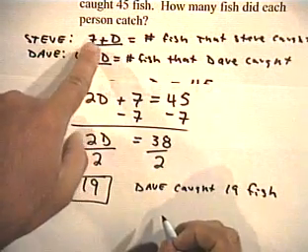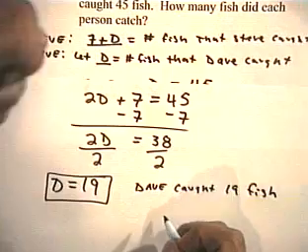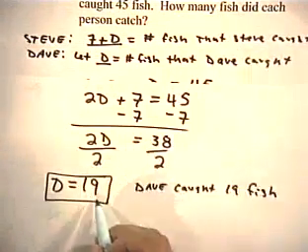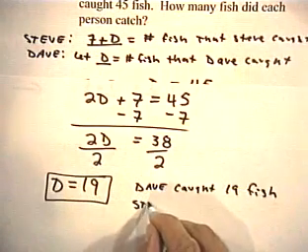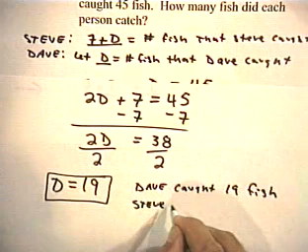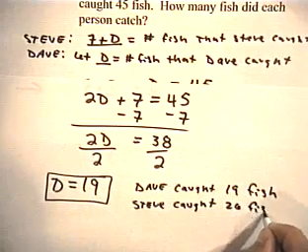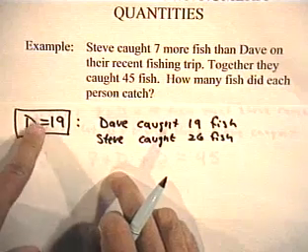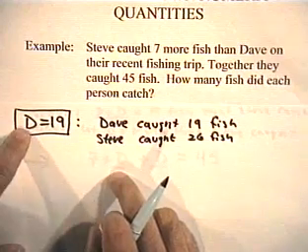Well, Steve caught 7 plus D, and D was 19, so Steve caught 26. So we're fairly positive that we have the right answer, which was the number of fish that Dave caught.